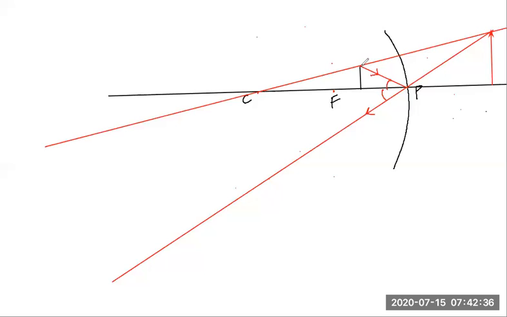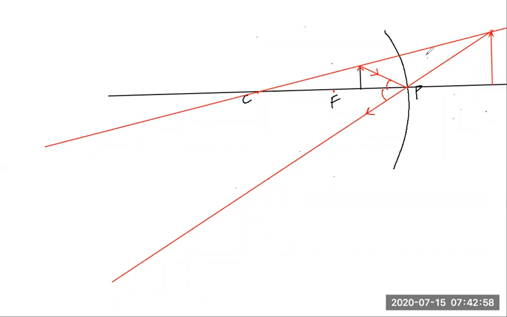This is your object, students, and this is your image. Is the image smaller than the object or bigger than the object? So bigger. So you need not remember anything. The image is bigger.